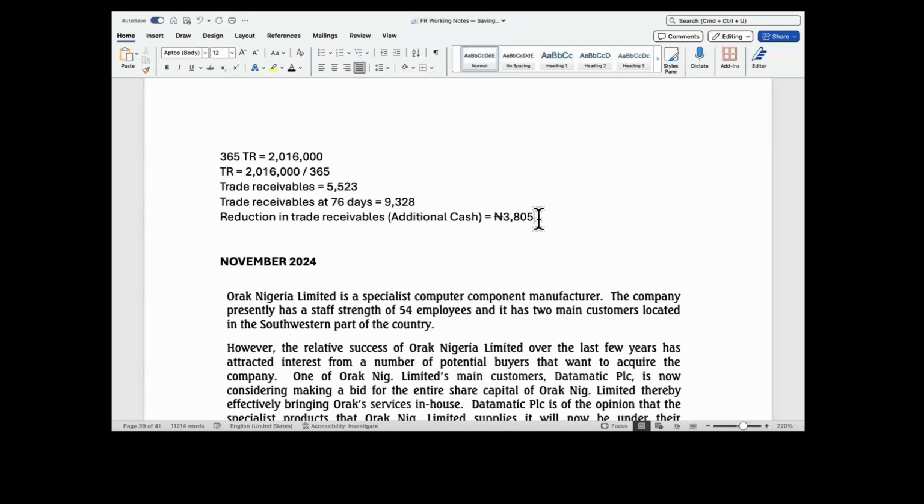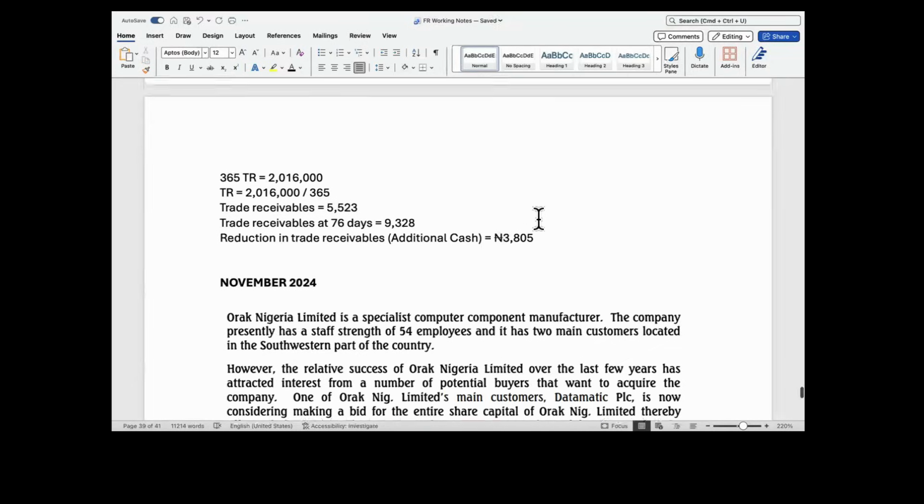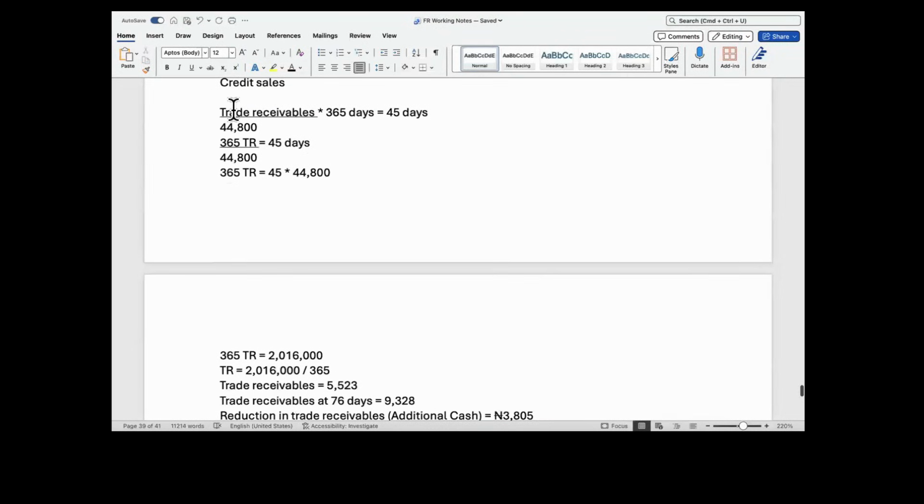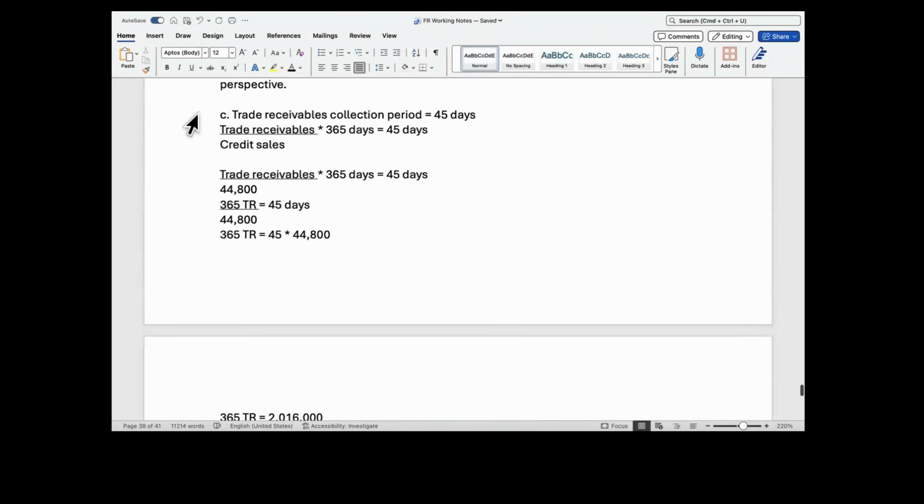Not that the thing is difficult, but it wasn't as easy as last diets. So those guys that did May 2025, they will sweat. They'll be sweating in the hall, especially the ones that are not so good with it. Nobody's going to teach you this one, except if you have seen a question like that before.